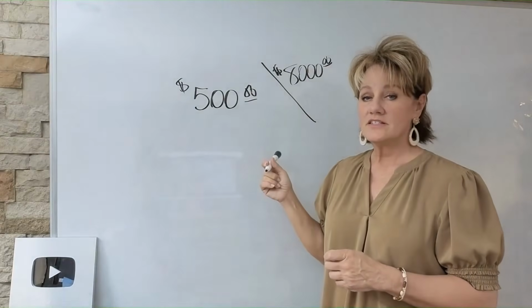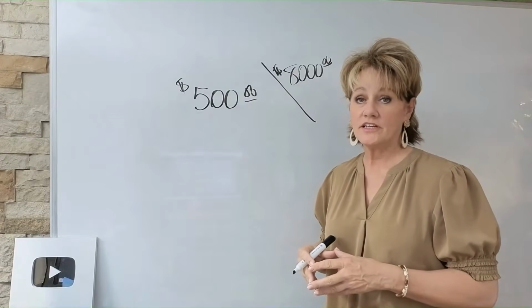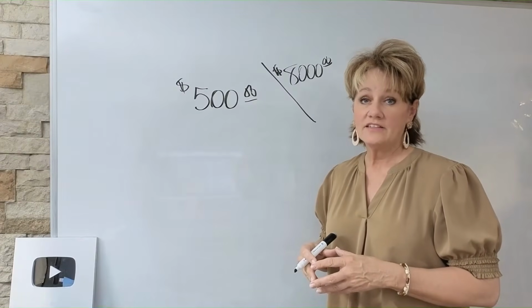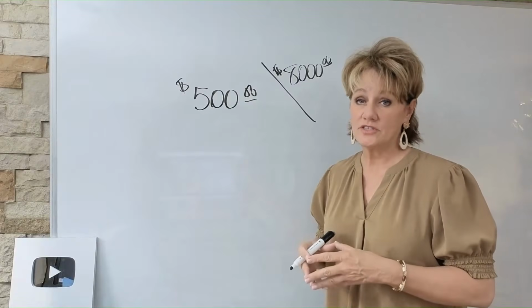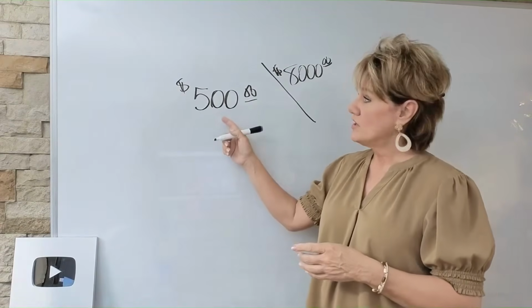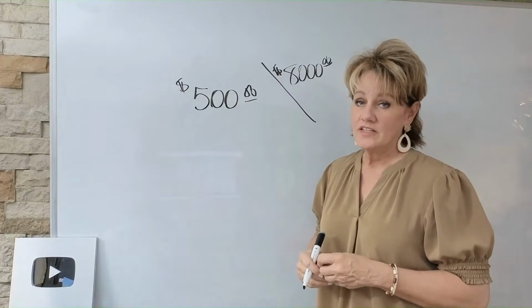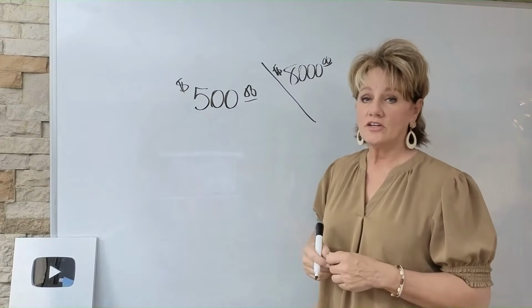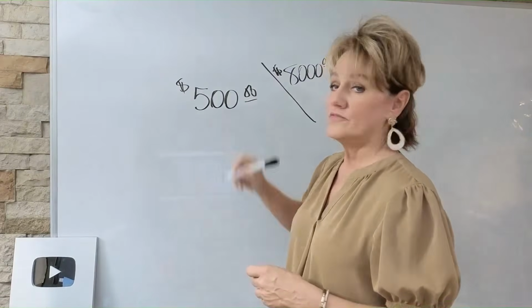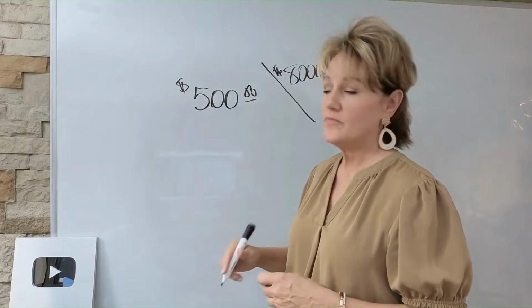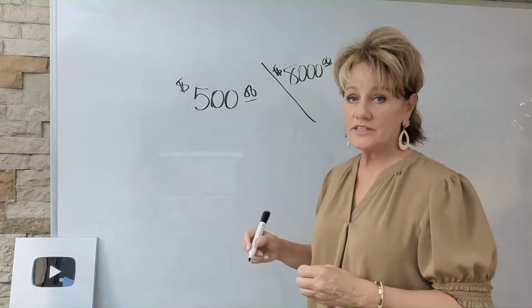Now, if this credit card is high interest, like most of them are today, you may be looking at 20, 22, sometimes 32% interest. So what does that mean is happening with your monthly payment? Let's assume that this credit card, on average, is about 25%. So you'll take the 8,000 times whatever your interest rate is.